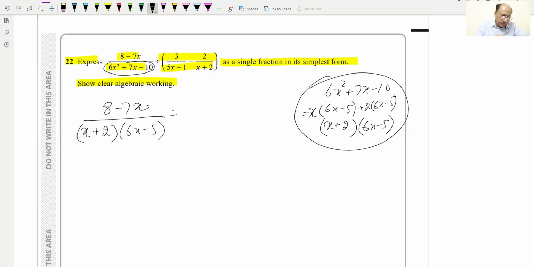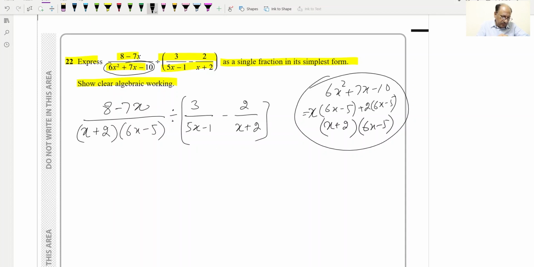So divided by, I will copy as it is, and in the next step I will factorize 5x minus 1. Basically I will solve this other section in the next step, so this portion I will solve now.